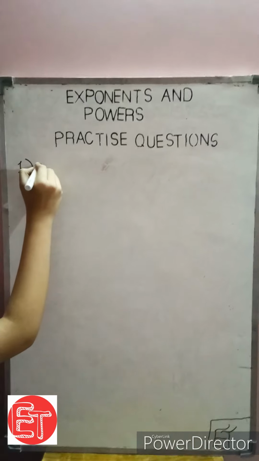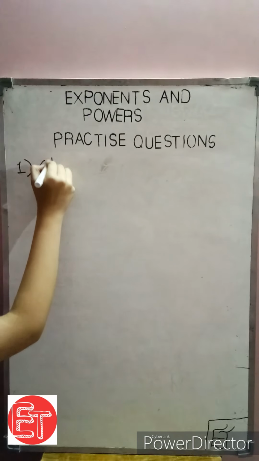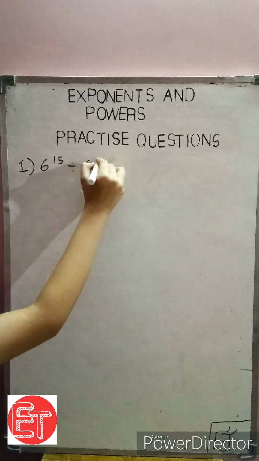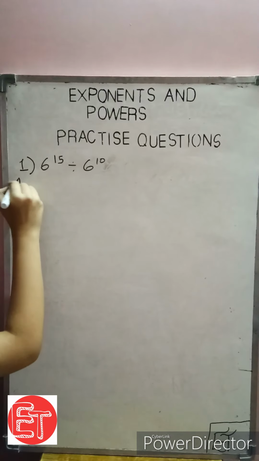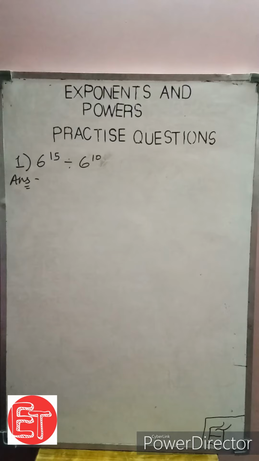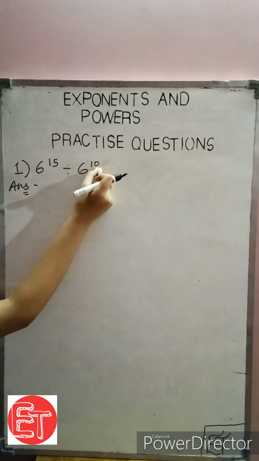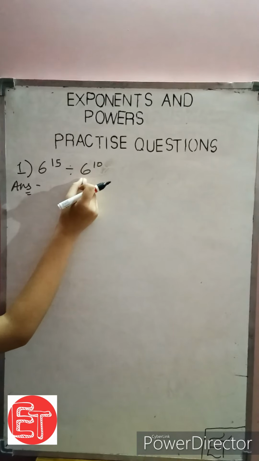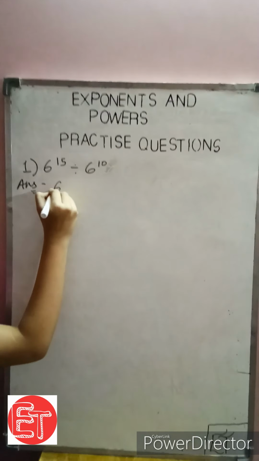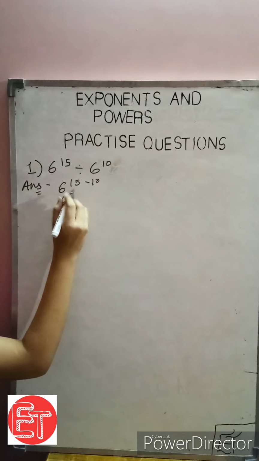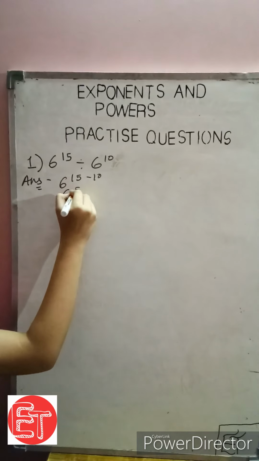Your first is 6 raised to the power 15 divided by 6 raised to the power 10. What will be the answer for this? As the powers are different but the bases are same, we will do 15 minus 10, which is 5.